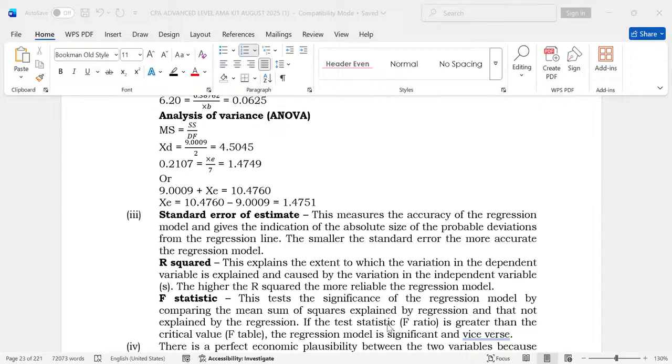If the test statistic (F ratio) is greater than the critical value (F table), the regression model is significant, and vice versa.